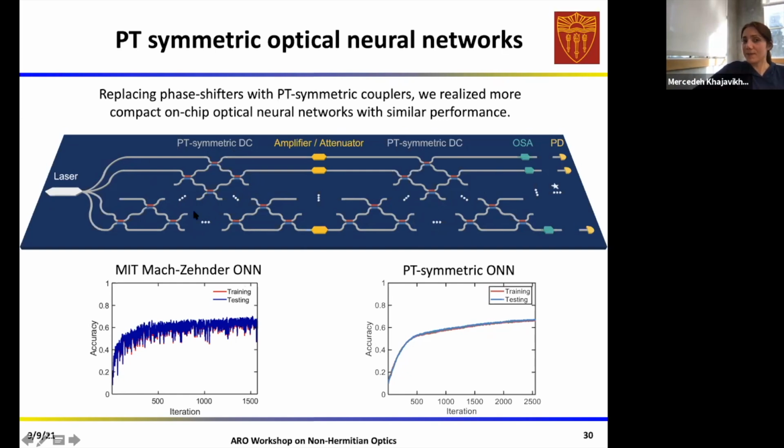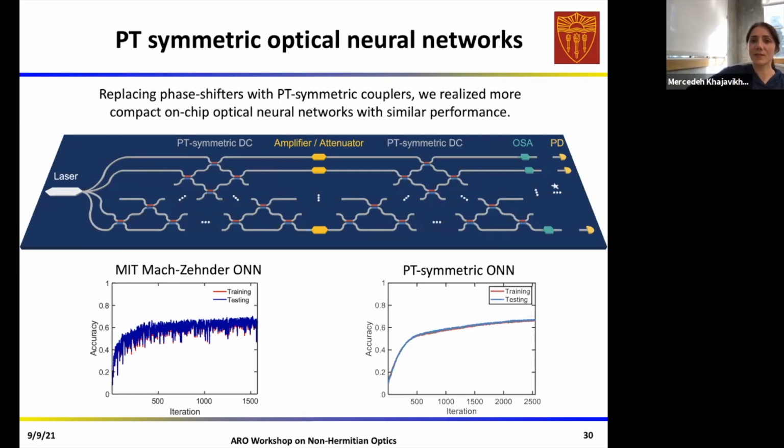Even though this schematic is really good on paper, in optics, implementing these phase shifters is very difficult. Most of the time they require larger space, because phase shifters are mostly implemented through heaters, and heaters are basically big.